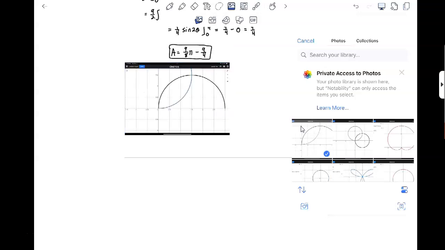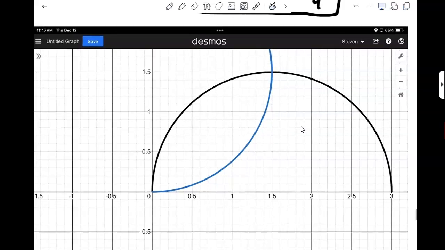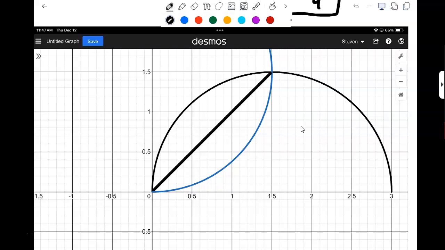And here's what I want you to notice. Again, the little football region that we're interested in. If I draw the line from 0, 0 out to my point where they intersect, which happens at pi over 4, notice that this little football shape is actually a combination of the area for the sine function, that makes up what looks to be half of it, and it turns out it is, and the area of the cosine.